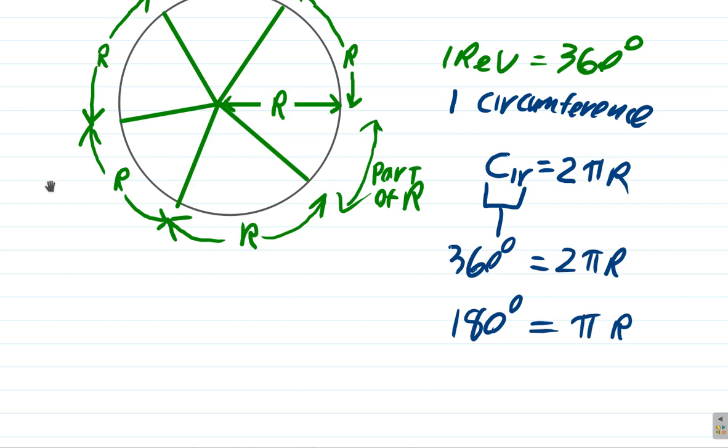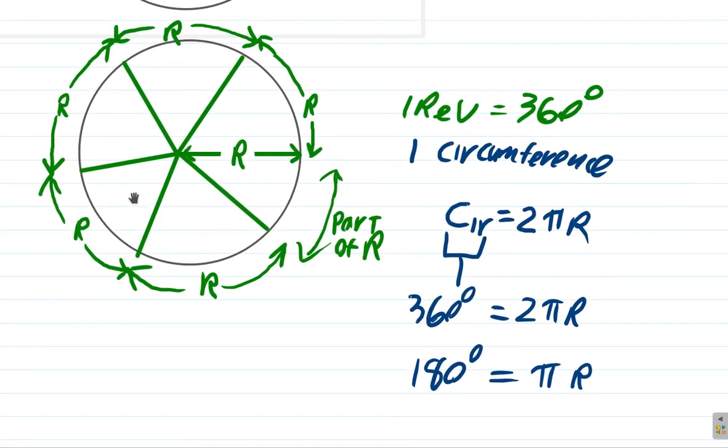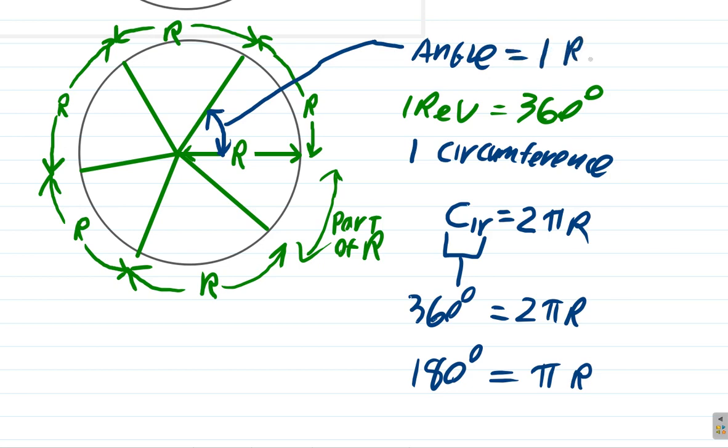Now here, if we should have these angles accurately drawn, then this angle would be equal to 1 radian. Alright? That would be 1 radian.